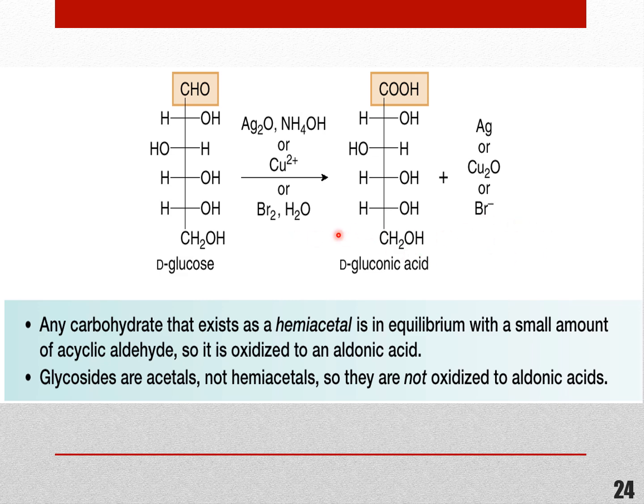And not only do the reagents undergo reduction, the glucose also undergoes oxidation. So reduction and oxidation are happening at the same time. Therefore, it's a redox reaction. You can see the carbonyl group of the acyclic structure of glucose will actually become oxidized to a carboxylic group, and glucose will become gluconic acid.